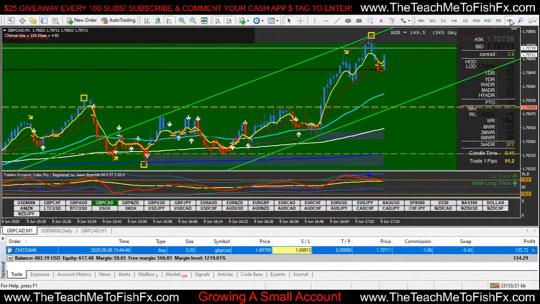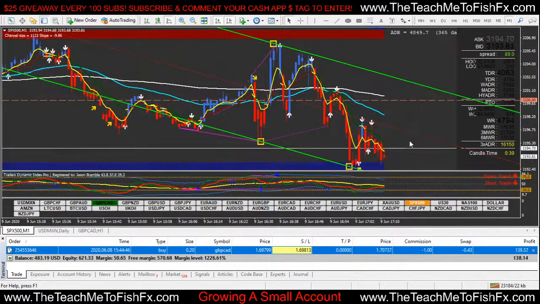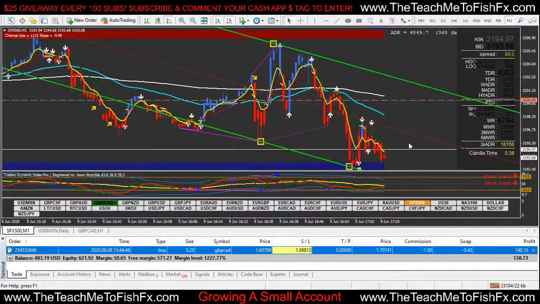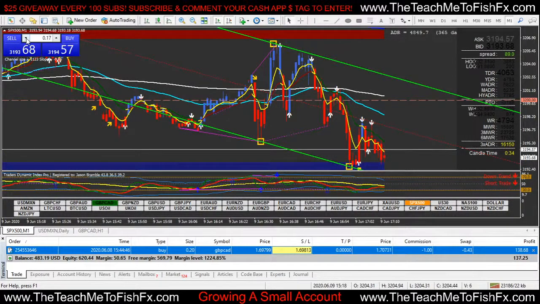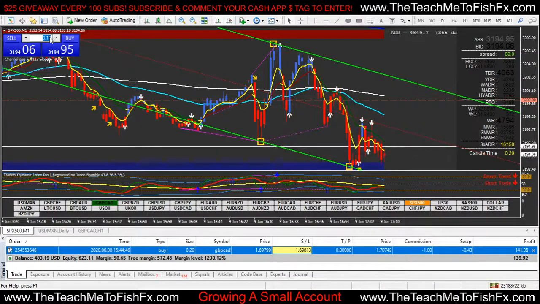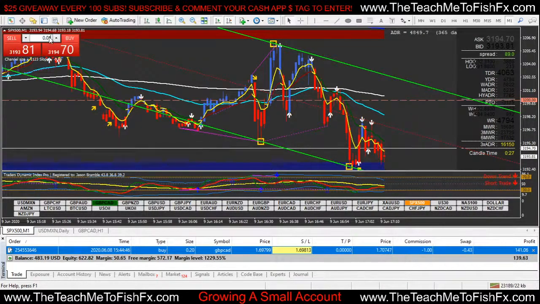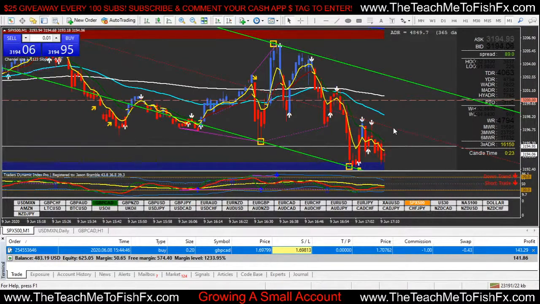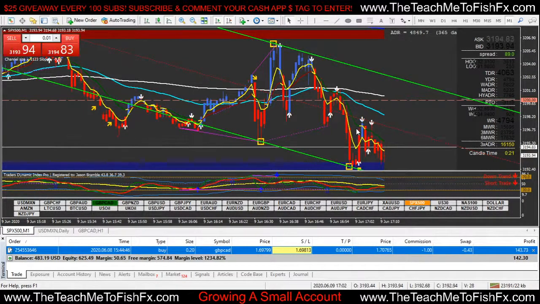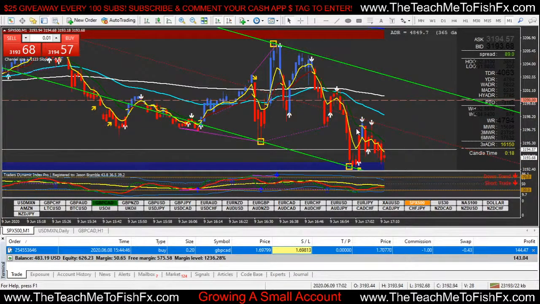I would typically come in on the 1 minute chart and scale down to a 0.01 micro lot, anywhere between a 0.01 and a 0.05 micro lot, and get in here and scalp this, pretty much from exhaustion square to exhaustion square.